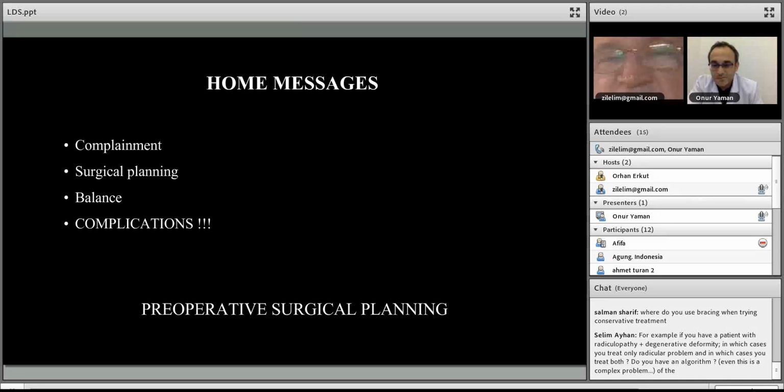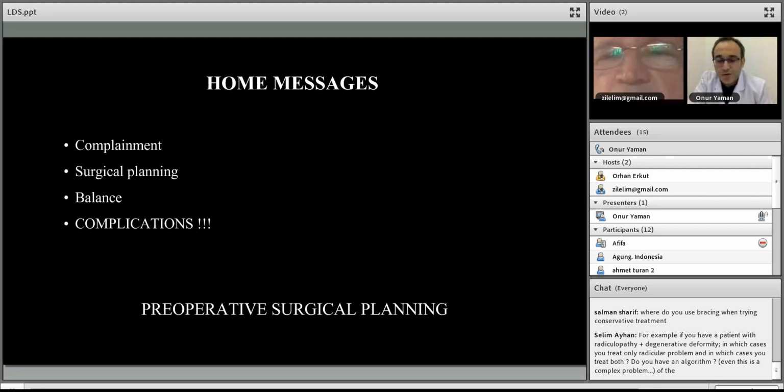If the patient accepts it, it may be an option. But they may need something for deformity surgery in the future. Yes. What I'm doing now is like what you're doing.